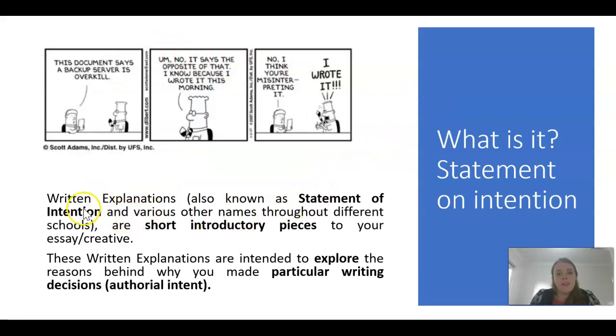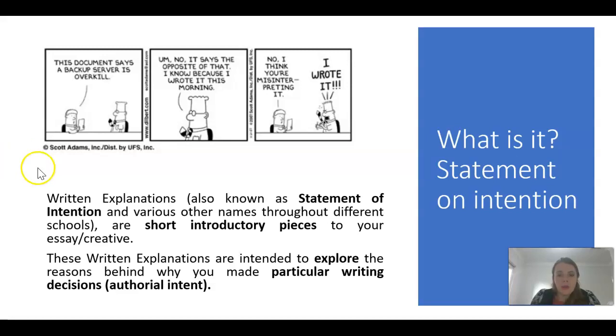So you might hear it referred to as a written explanation, statement of intention, or a different name. But basically, it's a short introduction to your story. The written explanation is intended to explore the reasons behind why you made particular writing decisions, the authorial intent that you're showing.